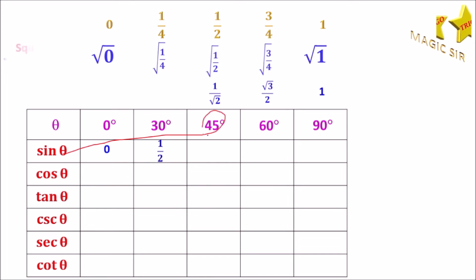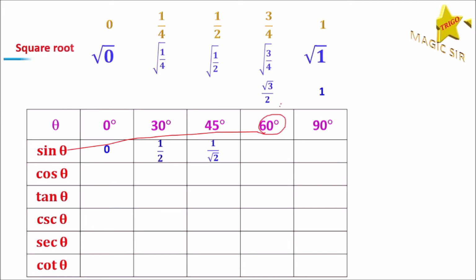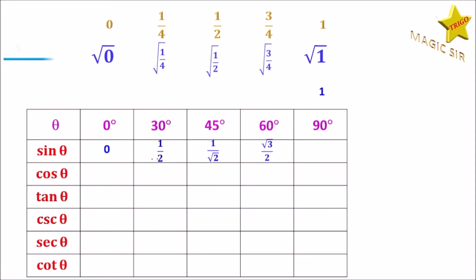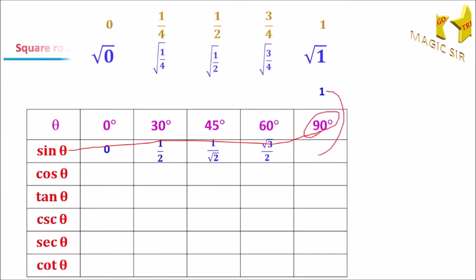Sin 45 degrees is equal to 1 upon root 2. Sin 60 degrees is equal to root 3 by 2. And sin 90 degrees is equal to 1.